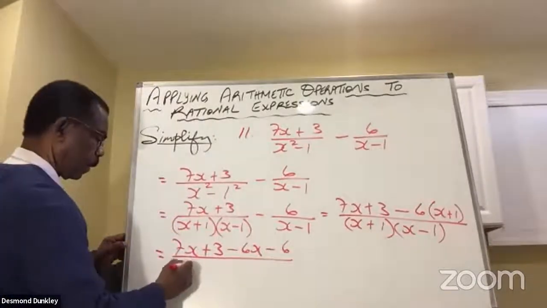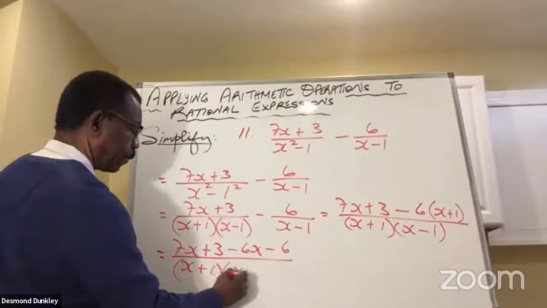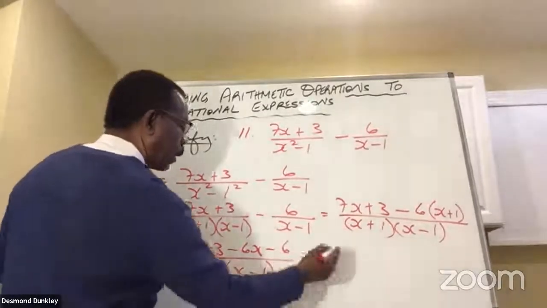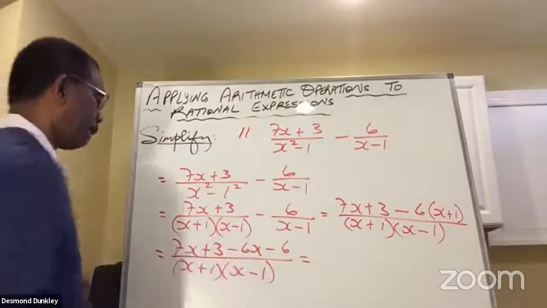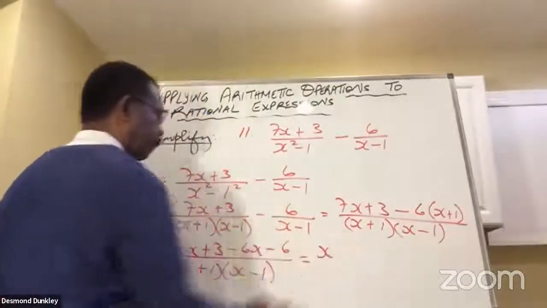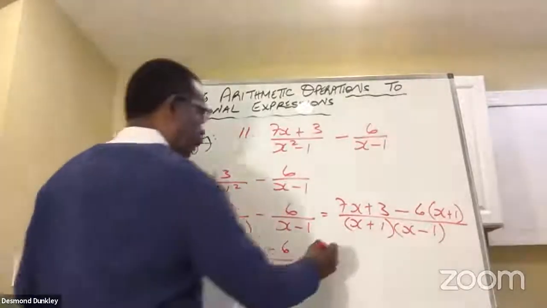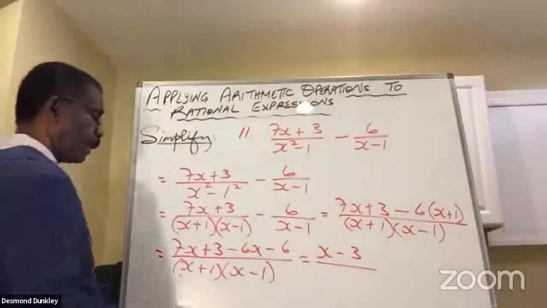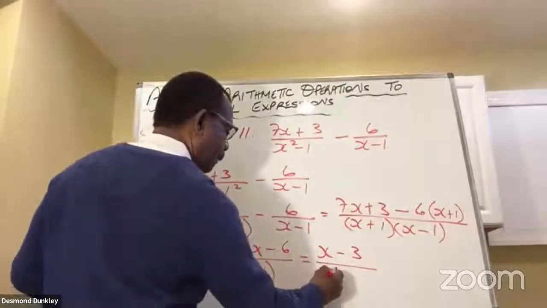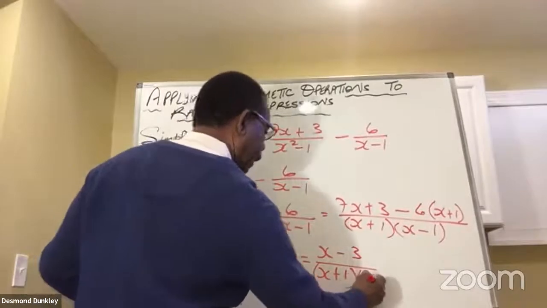Over x plus 1 times x minus 1. 7x minus 6x is x. 3 minus 6 is negative 3. And the bottom is x plus 1 times x minus 1.